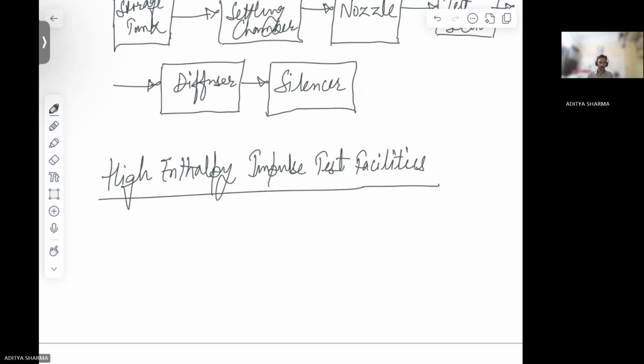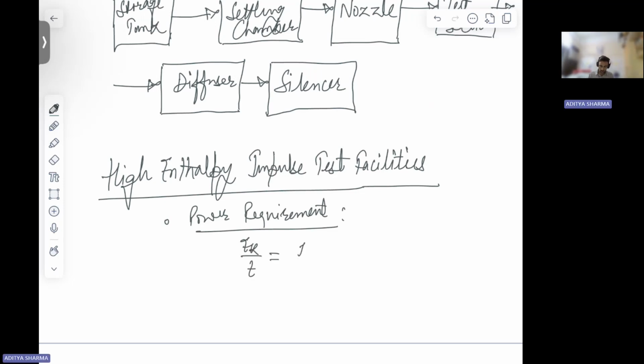Okay. So the power requirement we have seen increases with the cube of velocity. Okay.